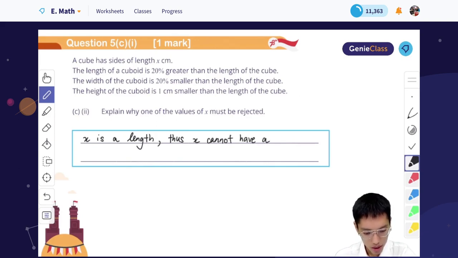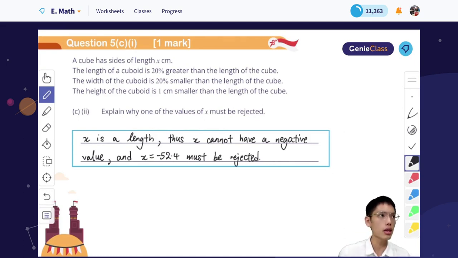Very important, that's what they want to emphasize. That's where it's 1 mark: length cannot have a negative value. And the specific answer that must be rejected is x equals negative 52.4.